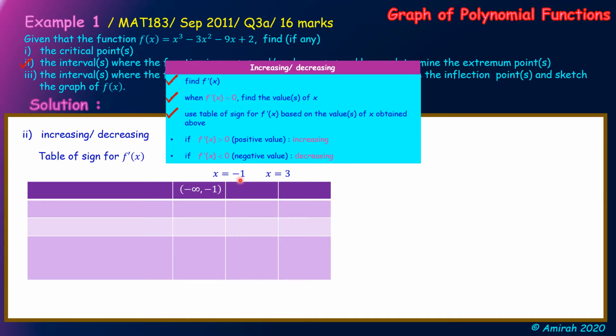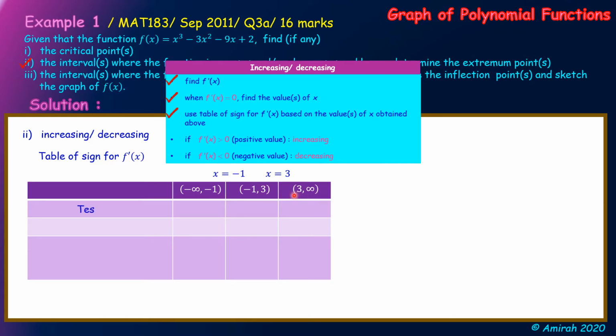Between x equals negative 1 and x equals 3, we write the open interval negative 1 to 3. This is not a coordinate, but the interval between negative 1 and 3. For the right side of x equals 3, we write the open interval 3 to infinity.